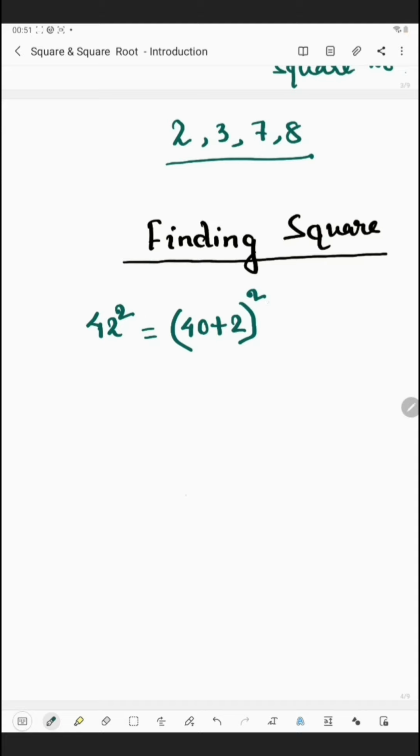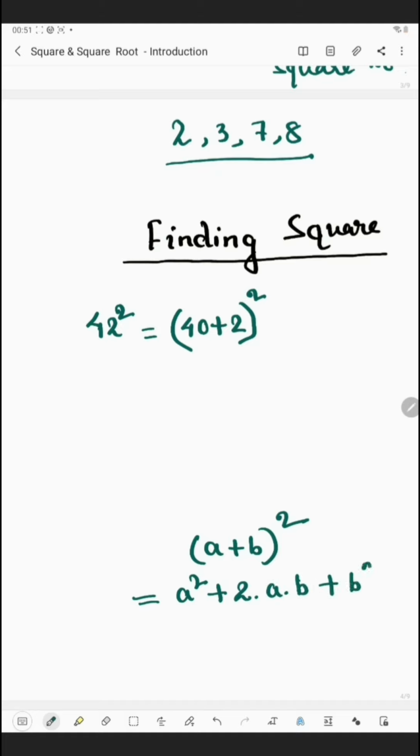Now we have an identity, which is (a + b) whole square. The identity is a square plus 2ab plus b square.